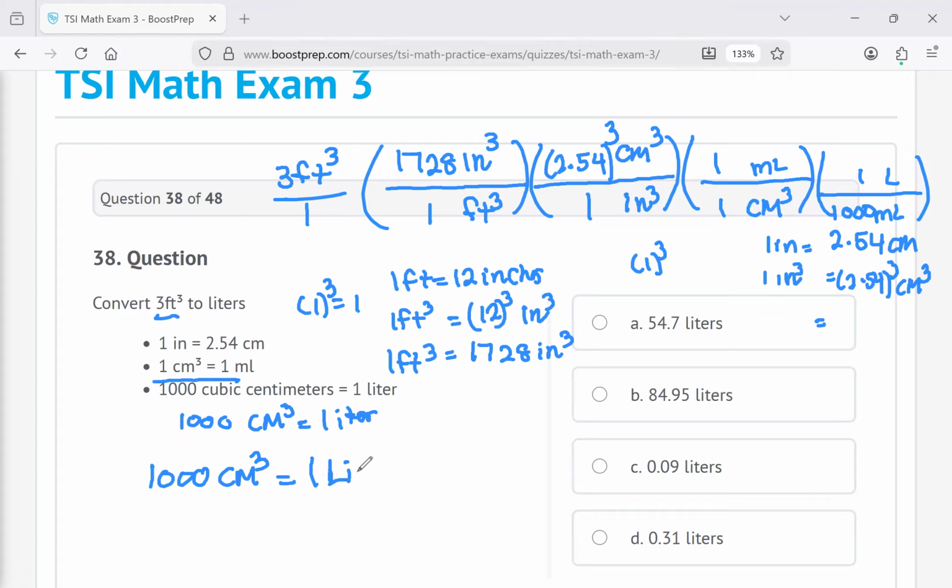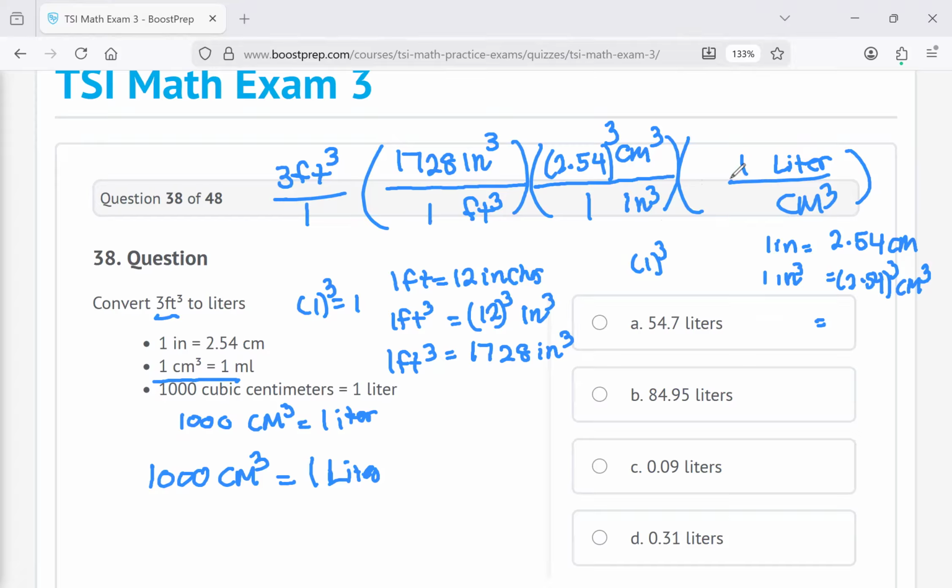That's the unit I should use. I don't have to do this extra conversion. I could just go straight to liters. So I'm going to put centimeters cubed on the bottom because I want to get rid of these centimeters cubed, and liters on the top.